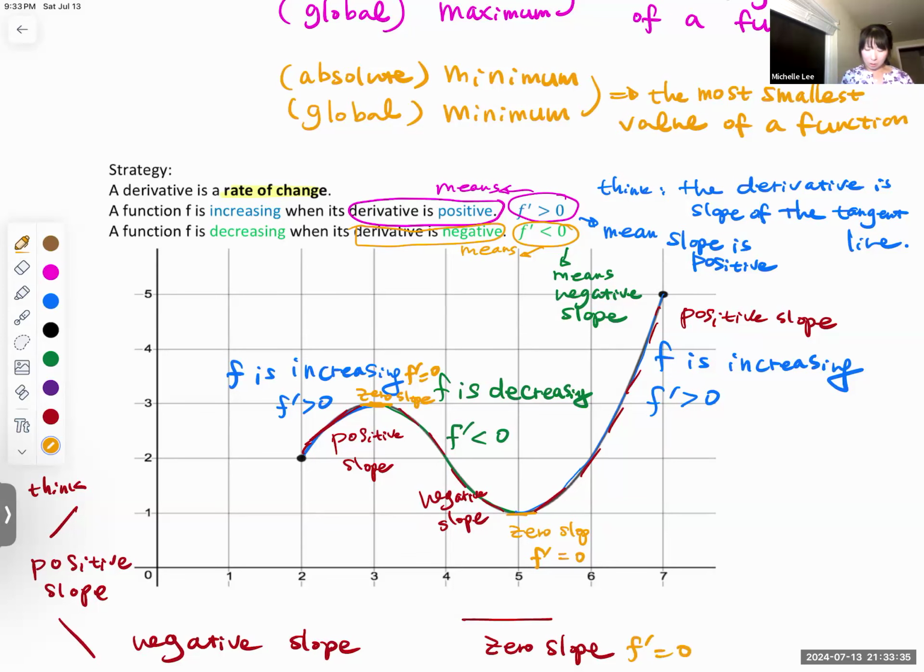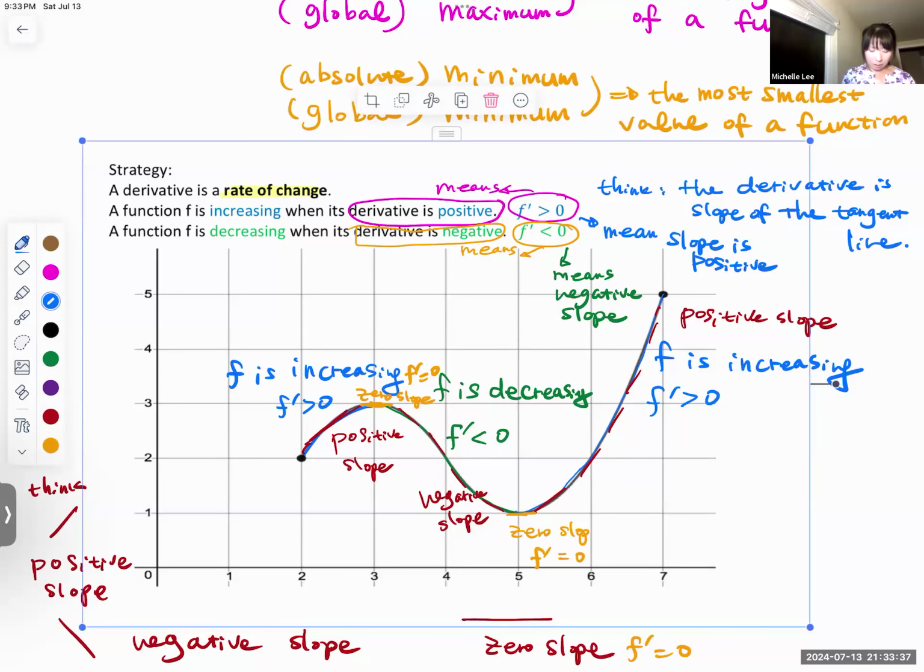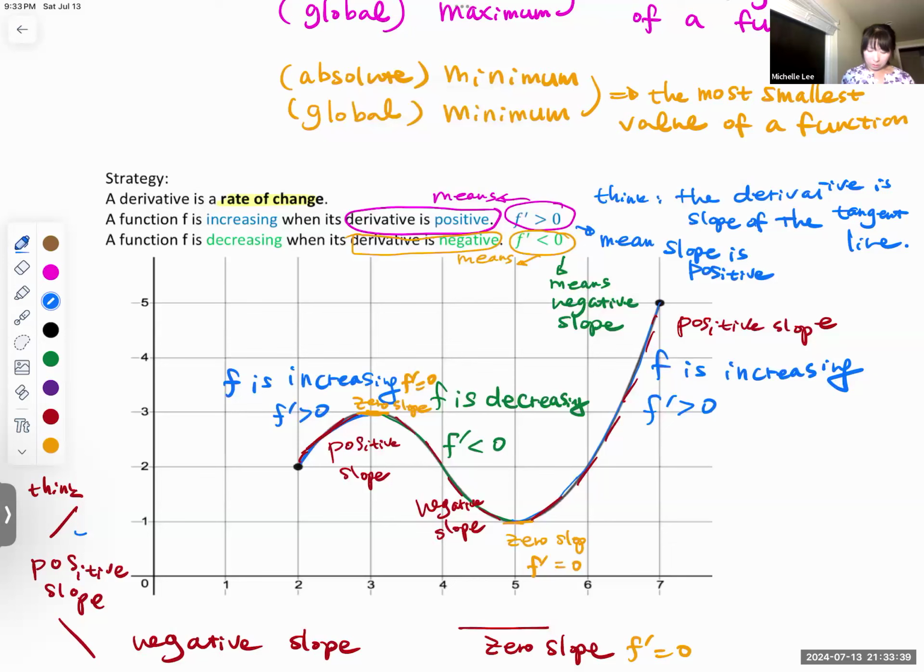So positive slope, we indicate f prime is greater than 0; negative slope, f prime is less than 0; 0 slope, f prime equal to 0. Make sense?